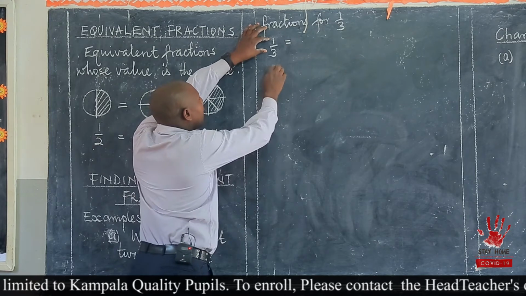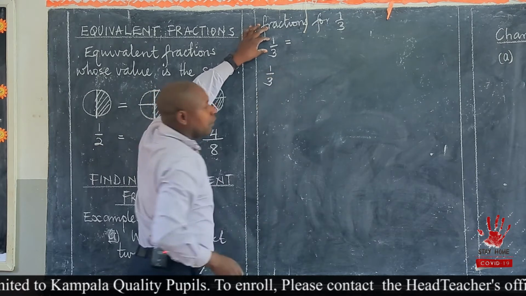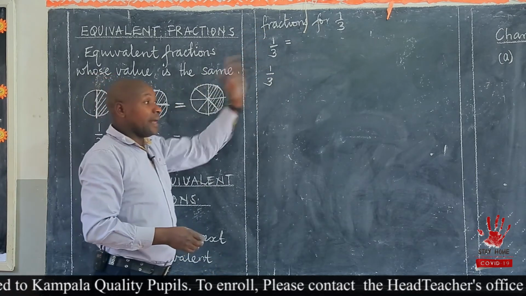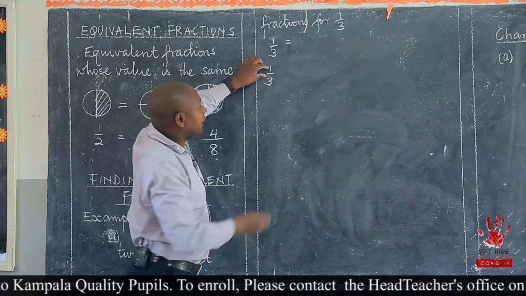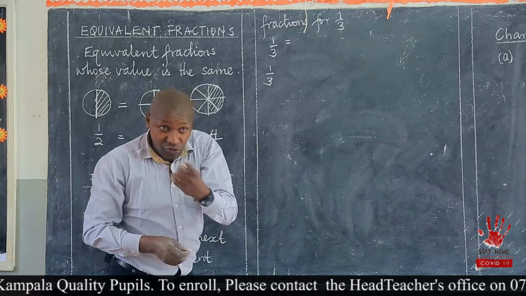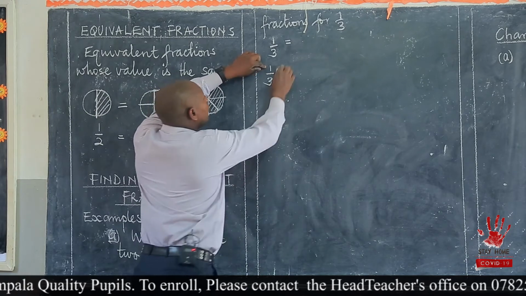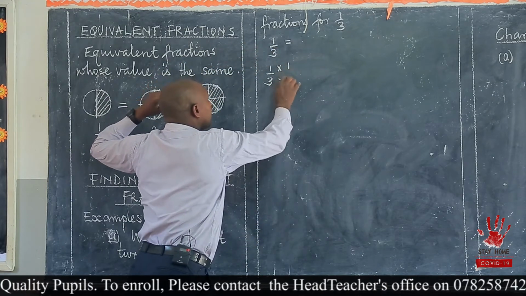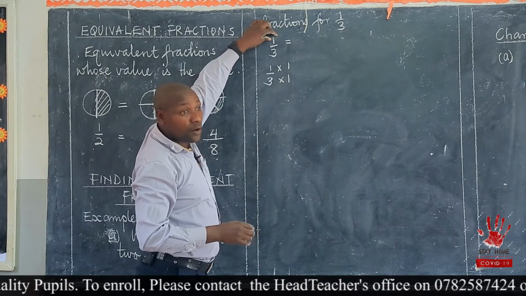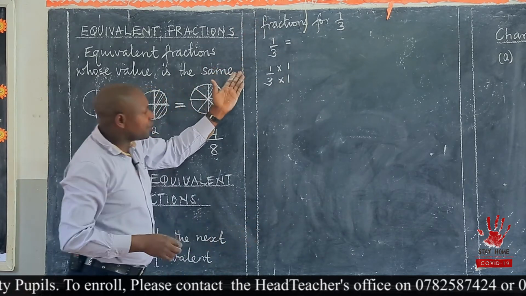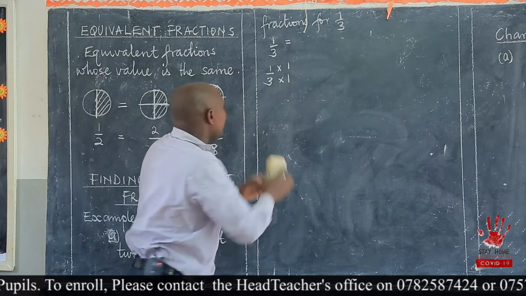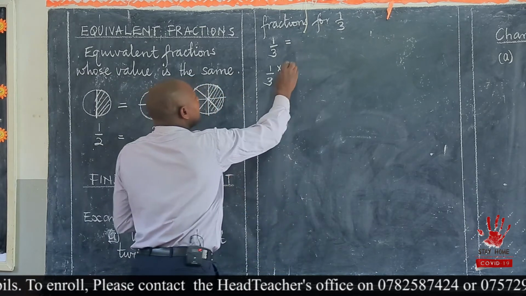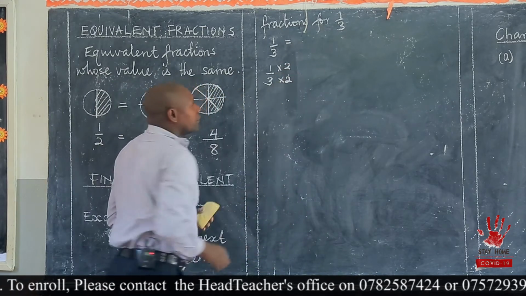So here we shall have a third. We are going to multiply by other counting numbers. The next counting number after 1 is 2. But you cannot multiply by 1. If we multiply by 1 like this, this fraction will come back. So what are we supposed to do? We are going to leave 1 and go to the next counting number, which is 2.